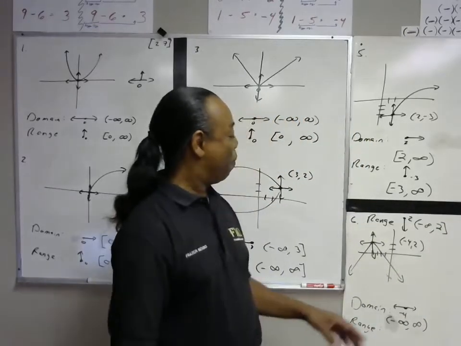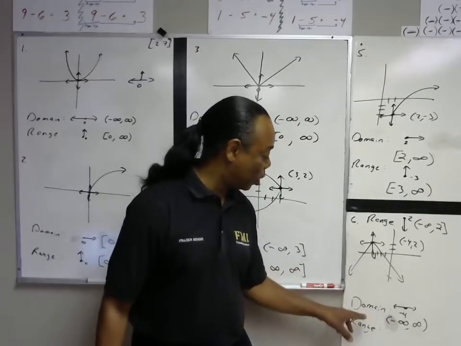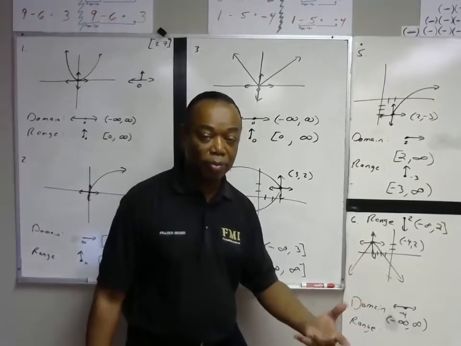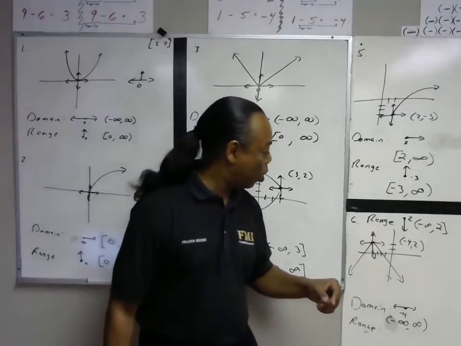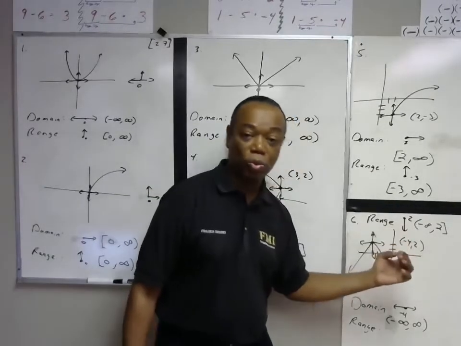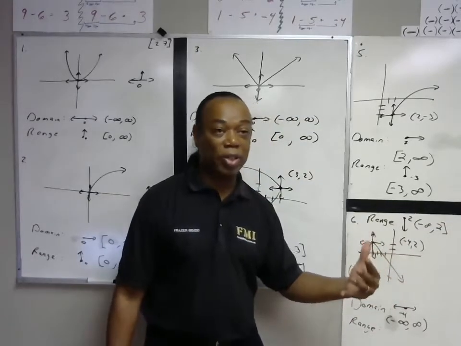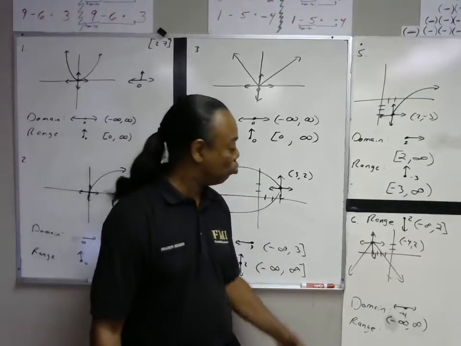So the numbers that can be put into this particular equation is all real numbers. Put anything, negative, 0, positive. But when it comes to answers, range, we can only get numbers up to 2, including 2. So you use 2, you get 2 as an answer, 1 as an answer, 0 as an answer, negative 1 as an answer, and continue those numbers there.